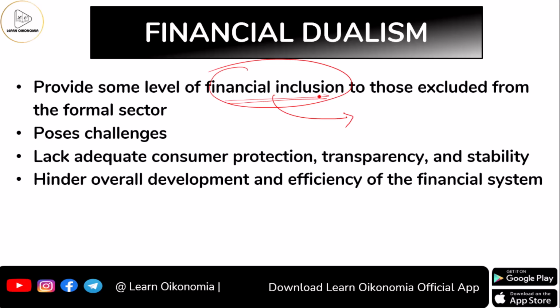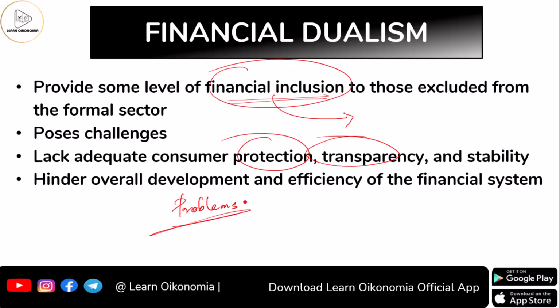Definitely it comes with many costs. So we require protection of people who are there in the informal financial sector. It should be made transparent. It should ensure that there is stability as well as some kind of sustainability coming in. Then only can we have overall development and efficiency in our financial system. Otherwise, it will be all about problems in the financial setup of the country.